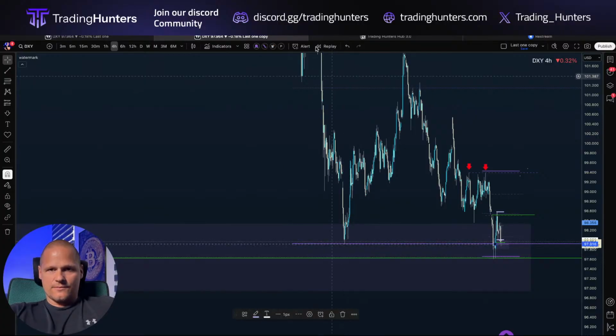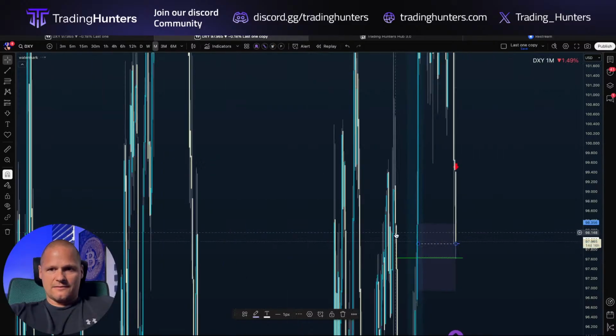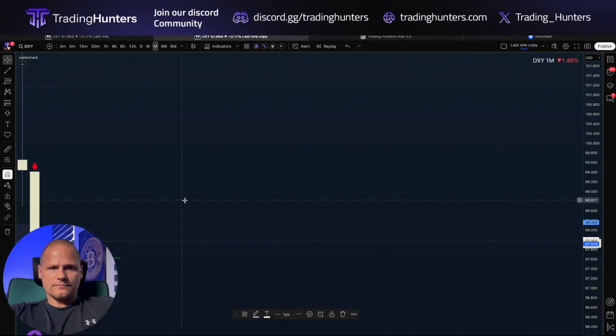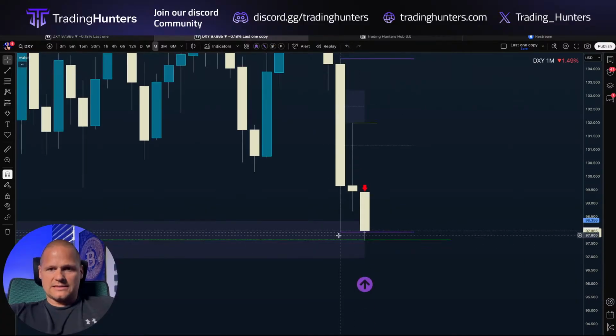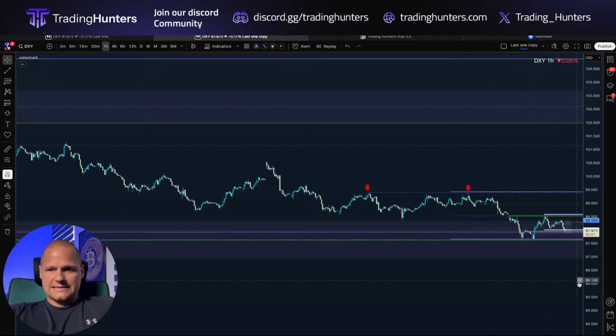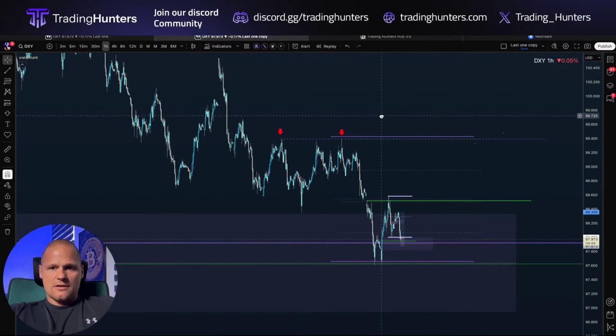If you remember on the monthly in here, we tapped now below this month low. So we are actually in the liquidity pool. So it all starts to make sense that this could play out.